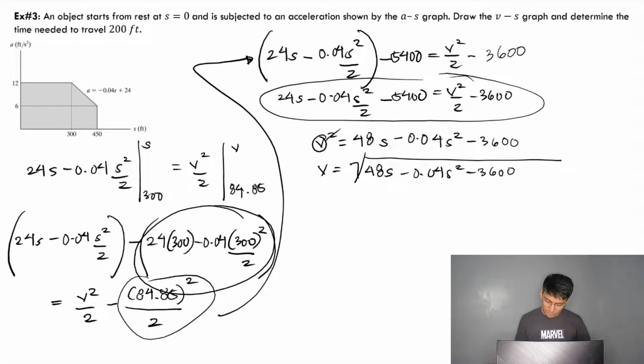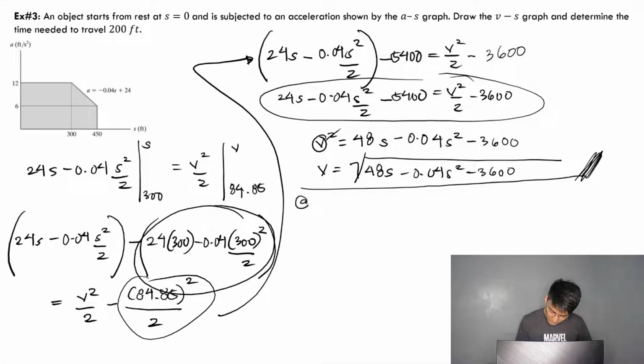So, we now know the equation of velocity. We can now substitute the limits, the two positions from 300 to 450, starting with s equal to 300 feet.